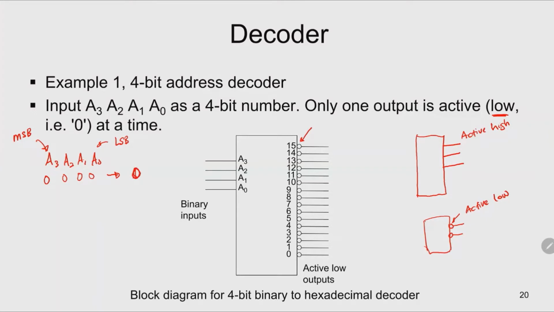That will activate our address 0 of the output. So if we have the inputs here as 0, 0, 0, 0, then the output here will become 0. The rest of the 15 lines will stay at high.